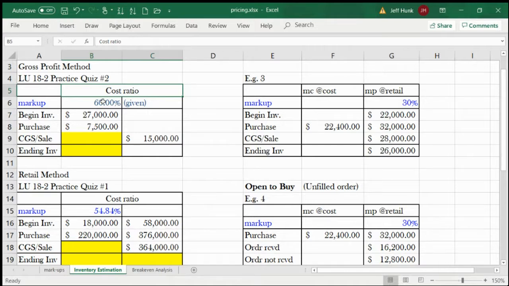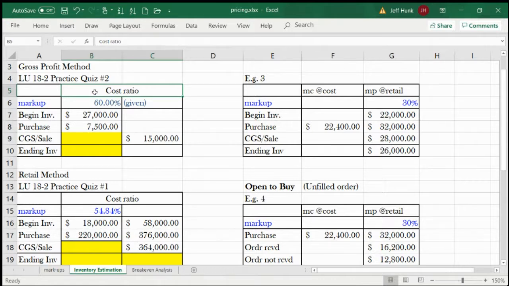Which is two-thirds of cost. If the markup rate is based on selling price, then it would be 40%, right? But here we are using cost ratio, right? Cost ratio is not the markup rate, it's the other side of the markup rate, right? So if 60% is the cost ratio, then that means exactly cost is 60% of the price, right?